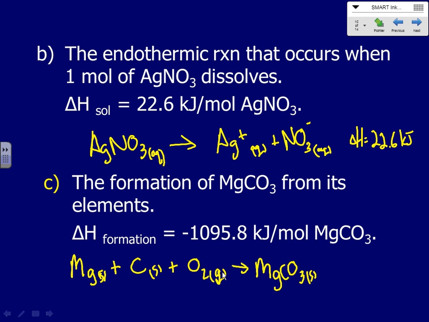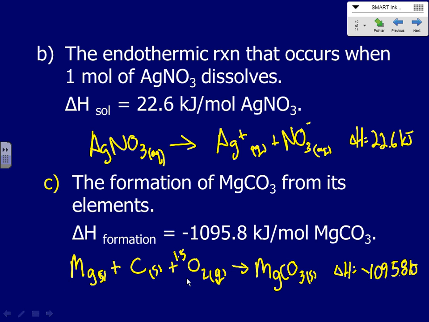And let's balance it. 1, 1, 1, 1, 3, 2. So again, I need a 1.5. And if this is negative 1095.8 kilojoules per 1 mole, notice I've got a 1, all right? And therefore my delta H is the same number, negative 1095.8 kilojoules, all right?